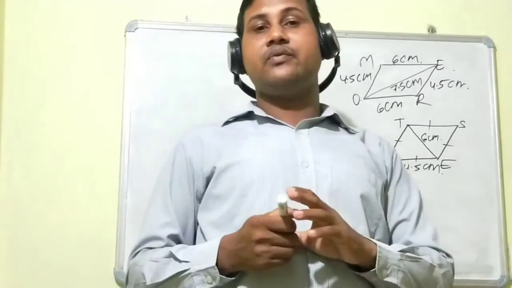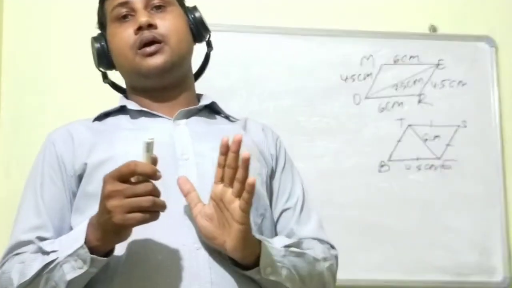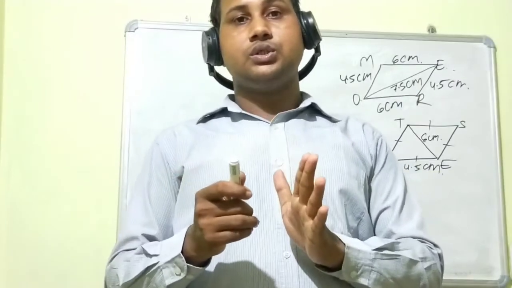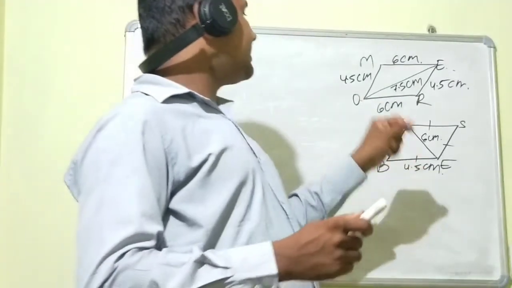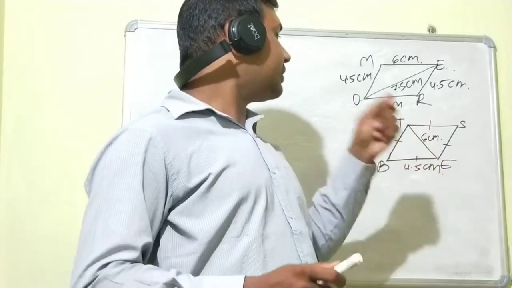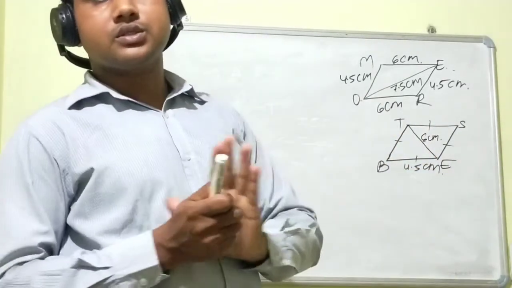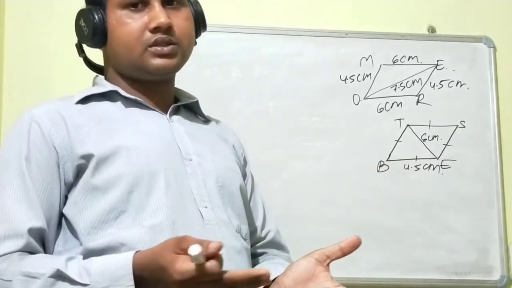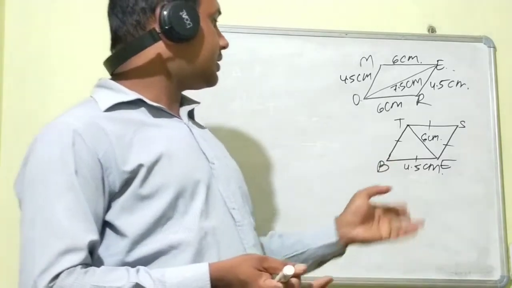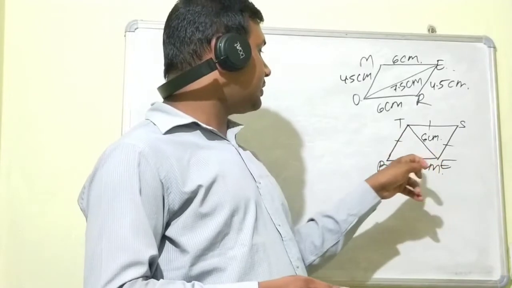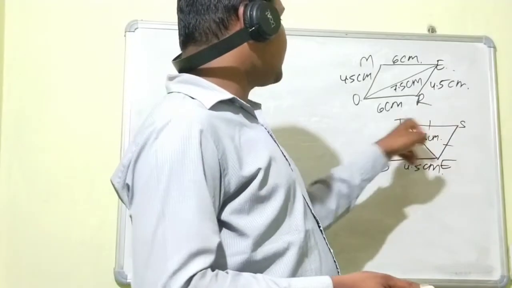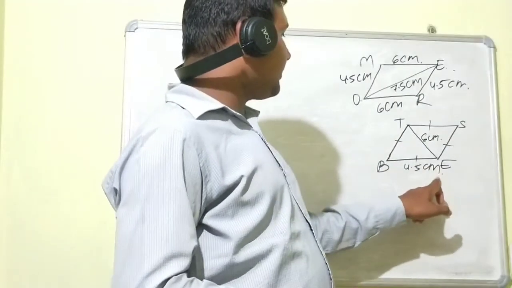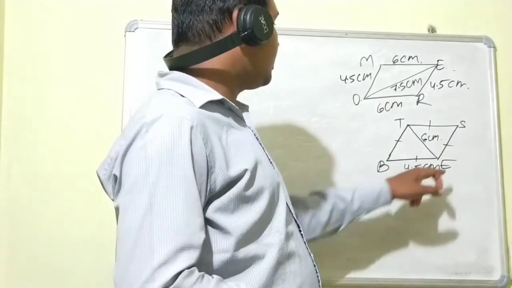Another question is given: a rhombus whose one side is given and one diagonal given, how will we construct the rhombus? Here we also discussed the same process. So here BEST is the rhombus and one side value is given, 4.5 centimeter.